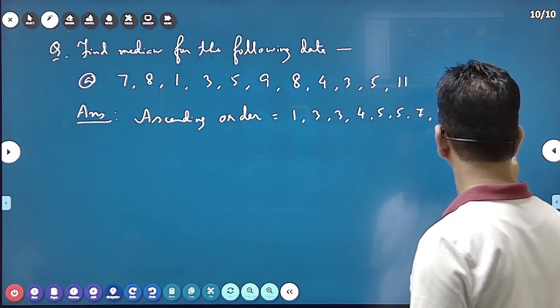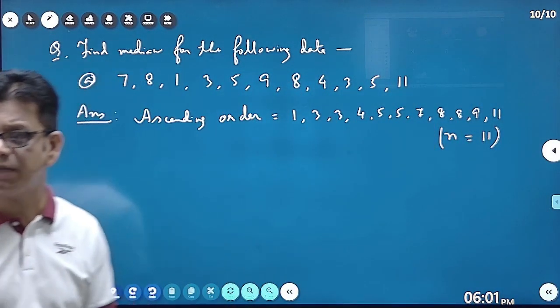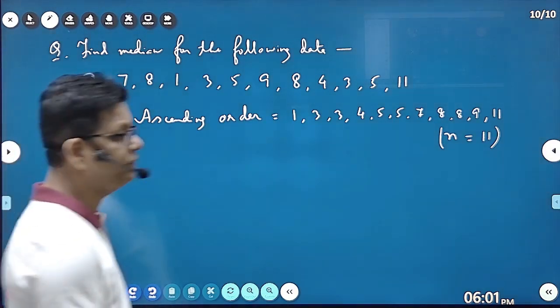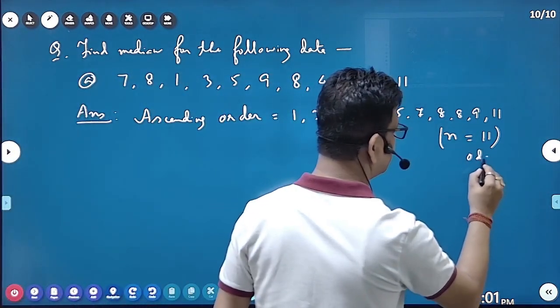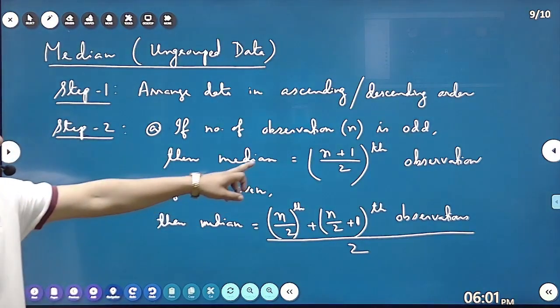Within brackets you write n equal to 11. n means the number of observations. Is it an odd number? Yes. So we use the odd formula, the first one.